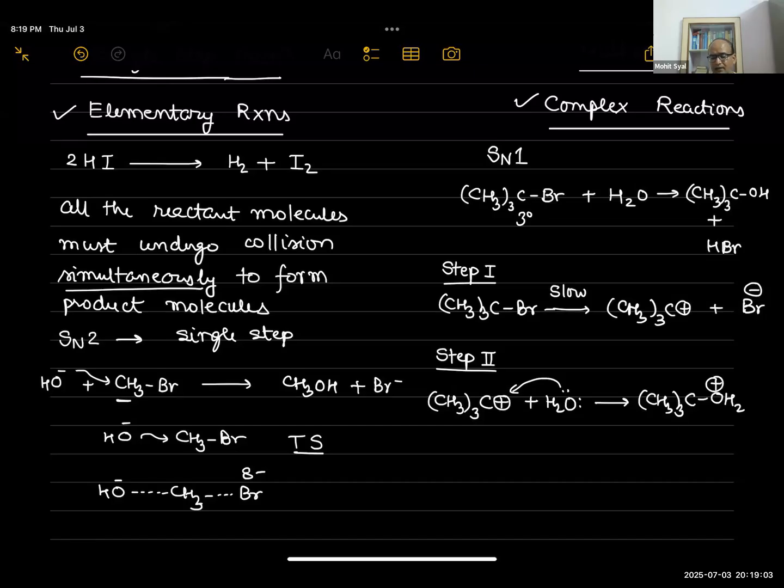And then you remove H plus, which gives you the product. Got it? Is it clear? Yes.